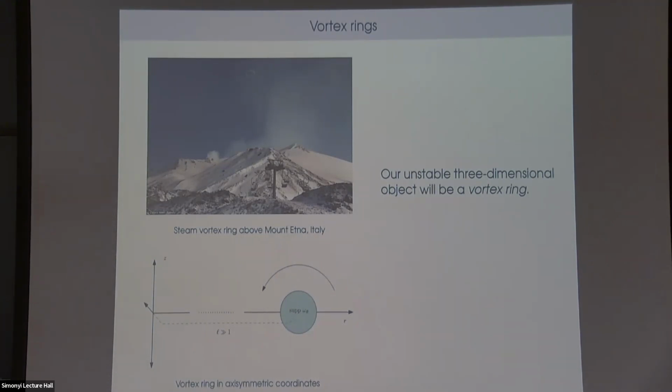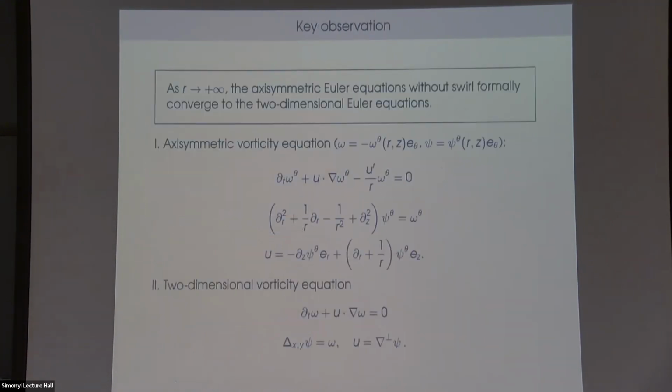Their study also goes back to the 1800s. You take it large because it looks straight locally. Yeah, because the key observation is that as you take r to infinity, or you take this parameter l to infinity, then the axisymmetric Euler equations without swirl formally converge to the 2D Euler equations.